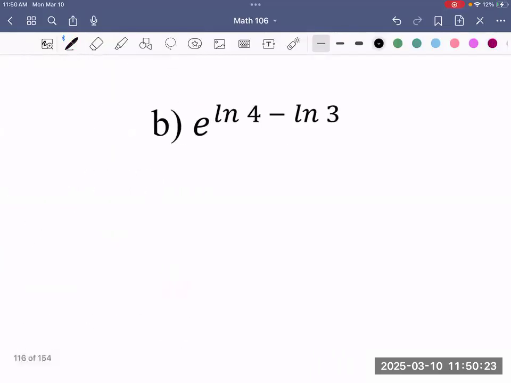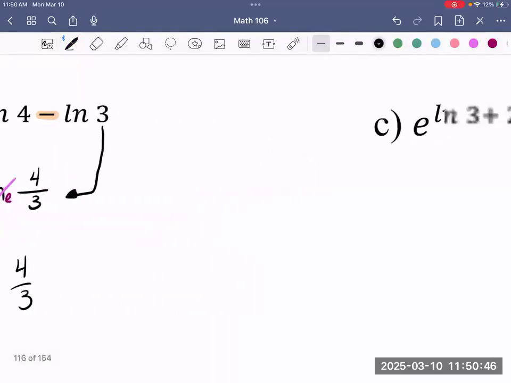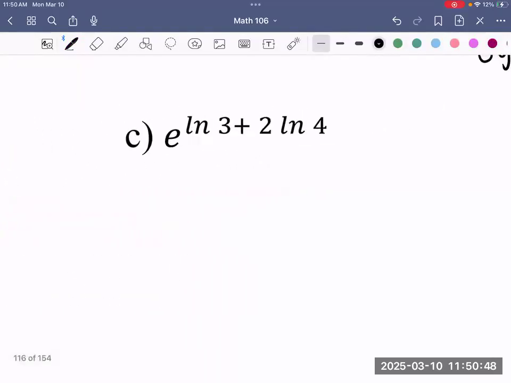Here we have subtraction. So e to the ln. Subtraction turns to division. 3 is doing the subtracting. So we are doing the dividing. And again, we have your ln here, which has your same base. So it drops, and we have 4/3. Over here, we have 2 being raised up to the 4.